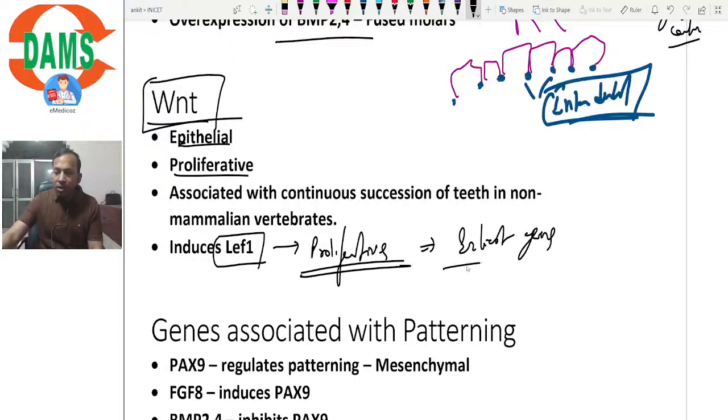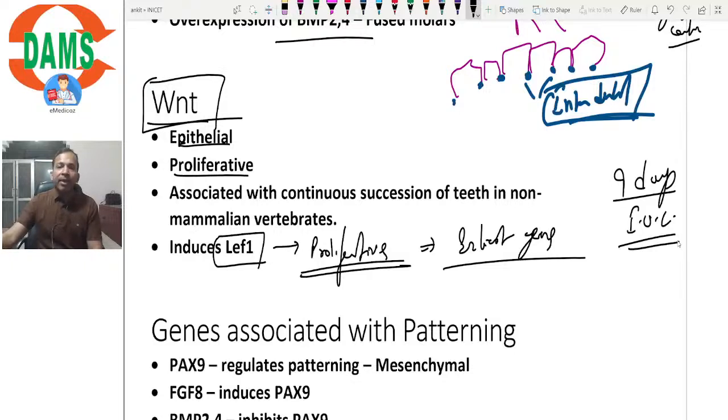This is also one of the earliest genes. So can you tell me when is the earliest odontogenic marker seen? So the earliest odontogenic marker can be seen at the age of 9 days of intrauterine life, right? So which are the earliest odontogenic markers? We have already read about those. PITX2, FGF8, right?